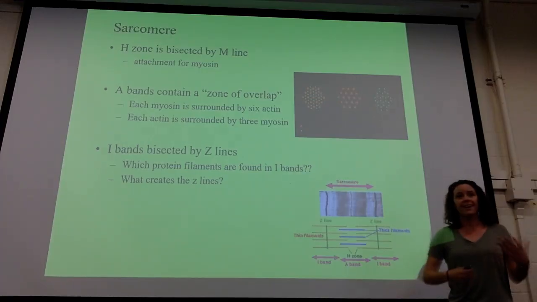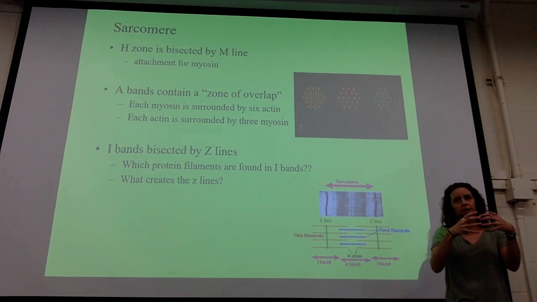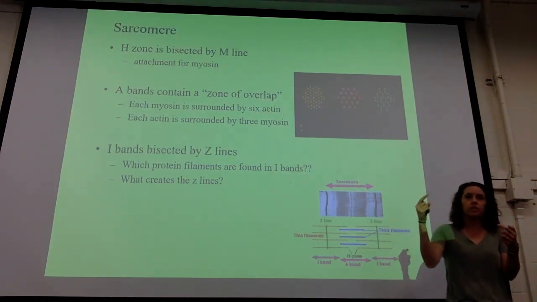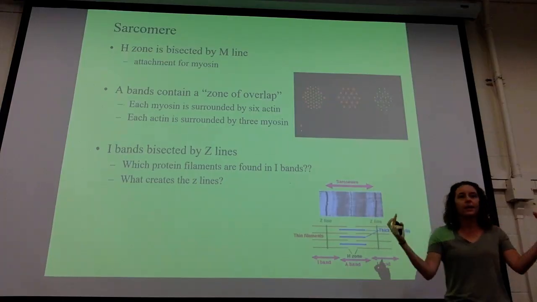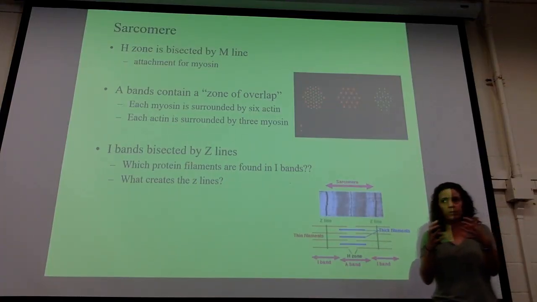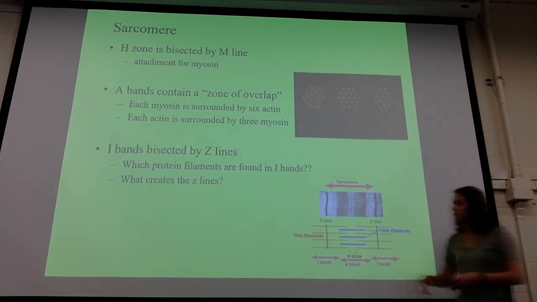This is important because the more chances actin and myosin have to grab onto each other, the more cross bridges we can make, and the stronger the muscle contraction we can produce. So that occurs in that zone of overlap in the A band.